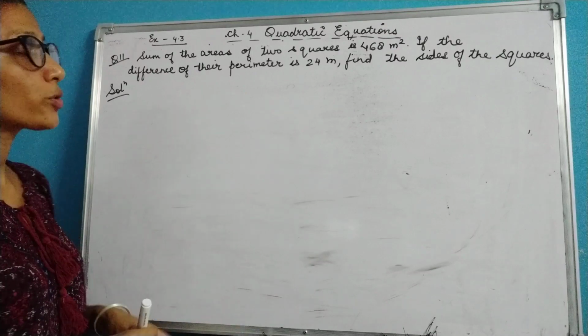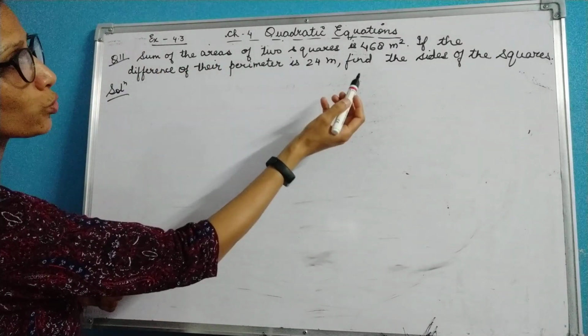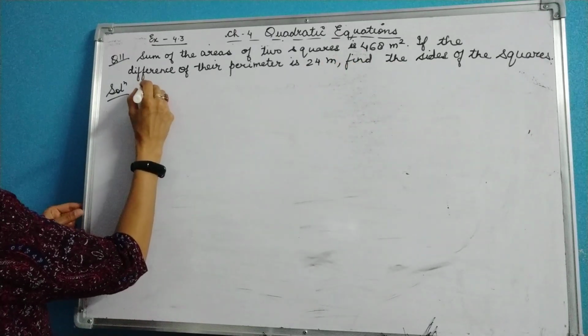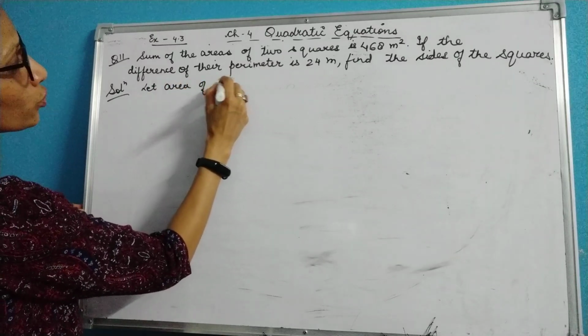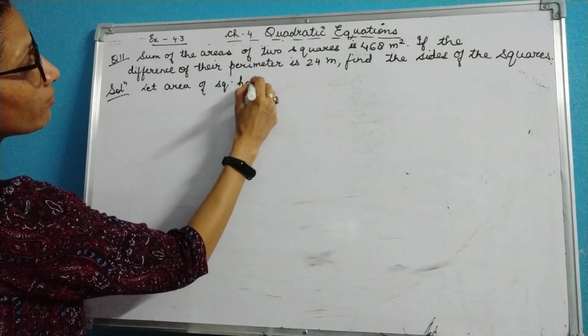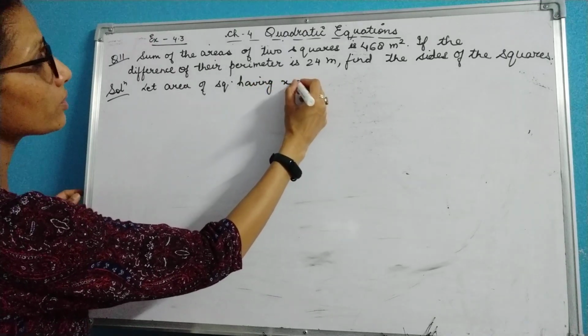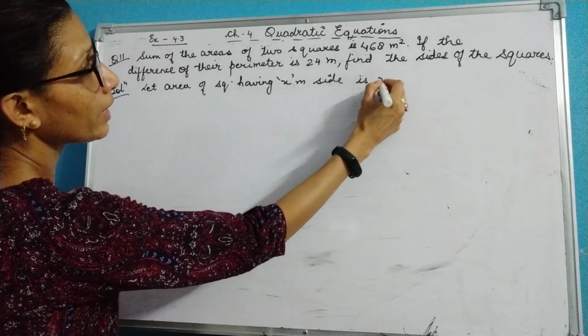Let's quickly see this question, children. Here it is given, the sum of the areas of two squares is 468 meters square. So we can say, let the area of a square having x meters side be x square.